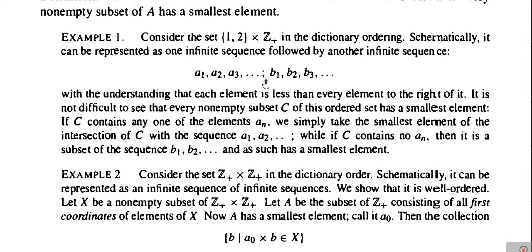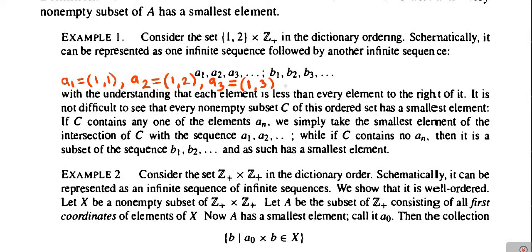What do a1, a2, a3 and b1, b2, b3 represent here? That I will mention here. Here a1 denotes the ordered pair (1, 1), a2 denotes the ordered pair (1, 2), a3 denotes the ordered pair (1, 3), and continued in this manner.